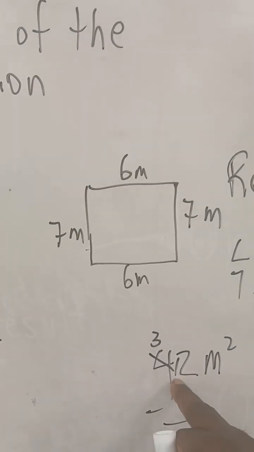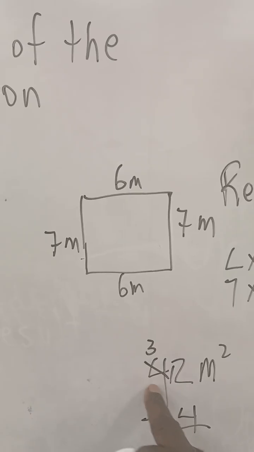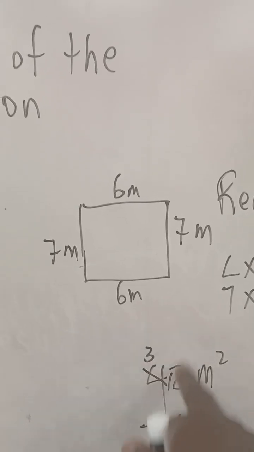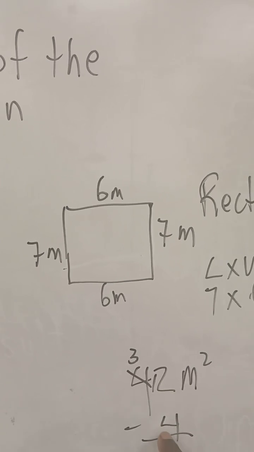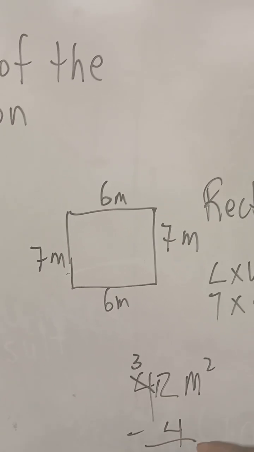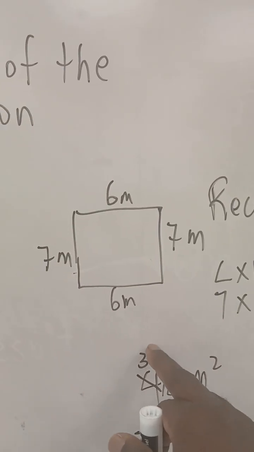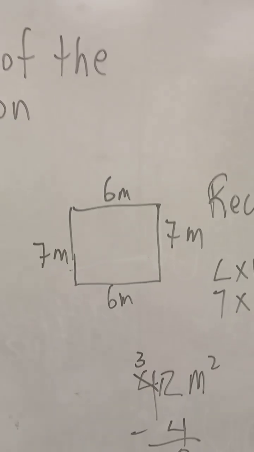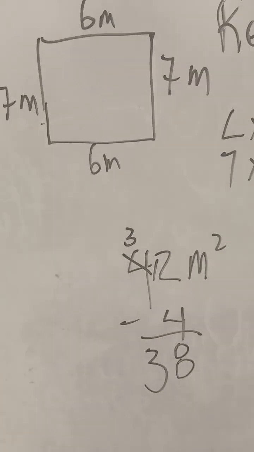So this is no longer 2, it's now 12, because the one you borrow, the value of it is a 10, right? Because the 4 is in the tens place. So if you take out 1, you're taking out 10. 10 plus 2 gives you 12. So it's now 4 from 12 gives you what? 8 ones. It's in the ones place. And what do you do with just 3 tens? The value of the 3 tens is 30. So we bring it down here to make it 38.